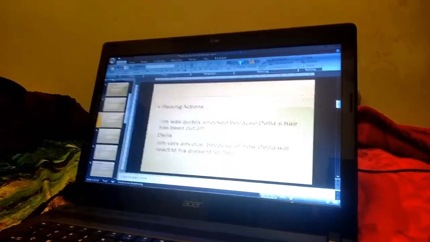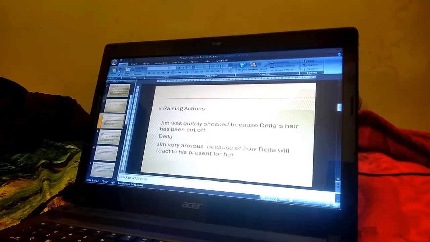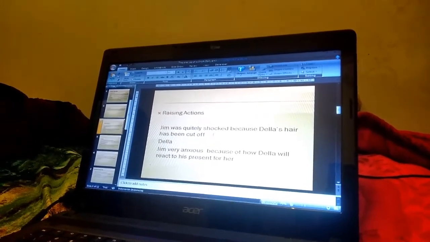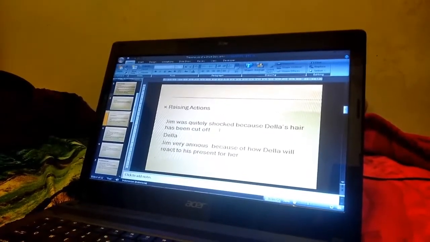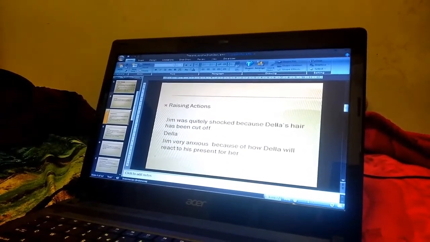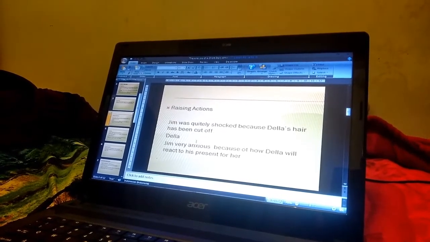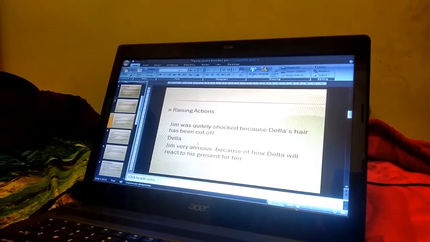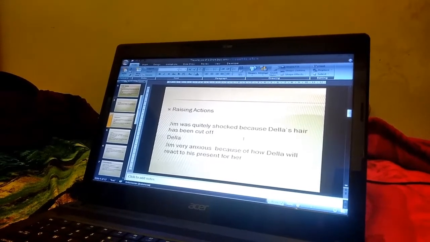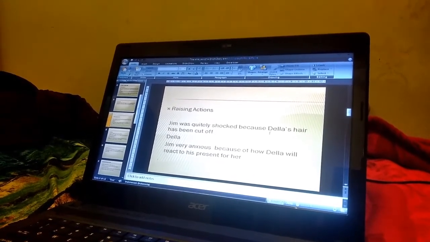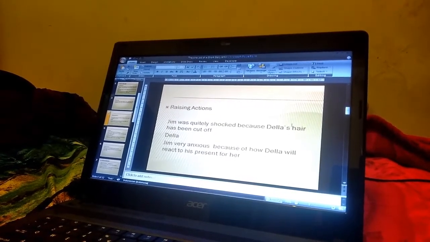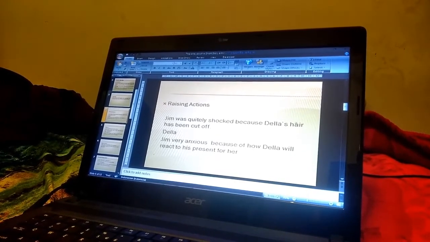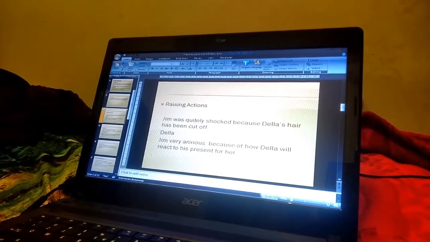I think it's very funny that when Della's hair has been cut off, Jim will give her the combs, the combs that Della very much wanted to buy, but Della doesn't have enough hair to comb.